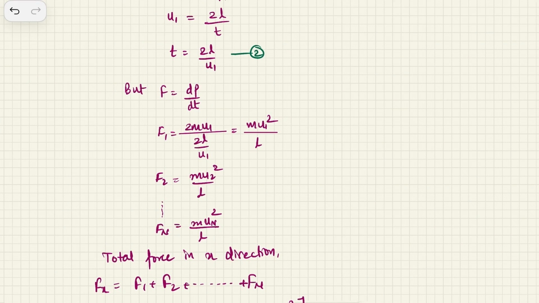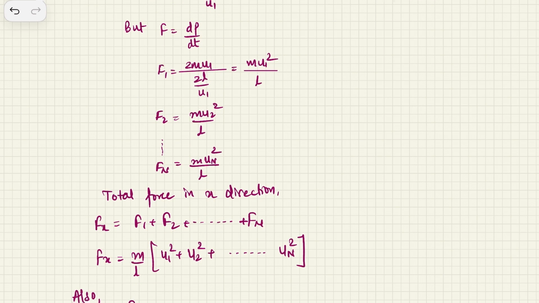So what I get is mu1, 2 and 2 gets cancelled, u goes up, so I'll get mu1 square upon L. Now if this is done for the first particle, then for the second particle you just have to place, in place of 1 you can just place 2, so this becomes 2. So I get F2 is equal to mu2 square upon L, and same way for n I get Fn is equal to mun square by L. This is just an extrapolation.